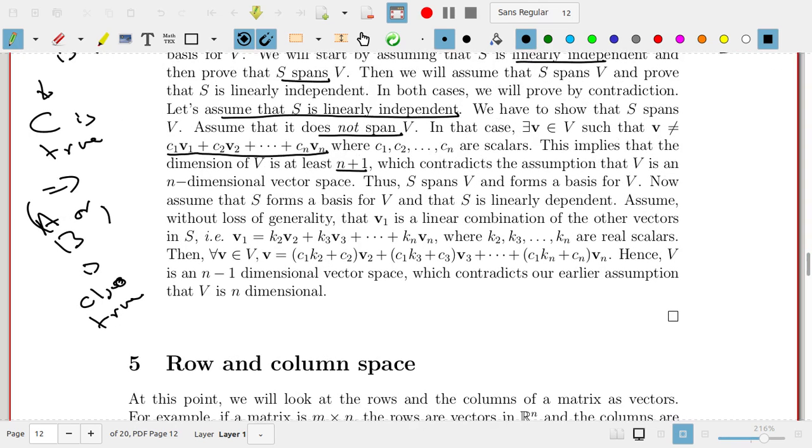Now for all v in V, v can be written this way.